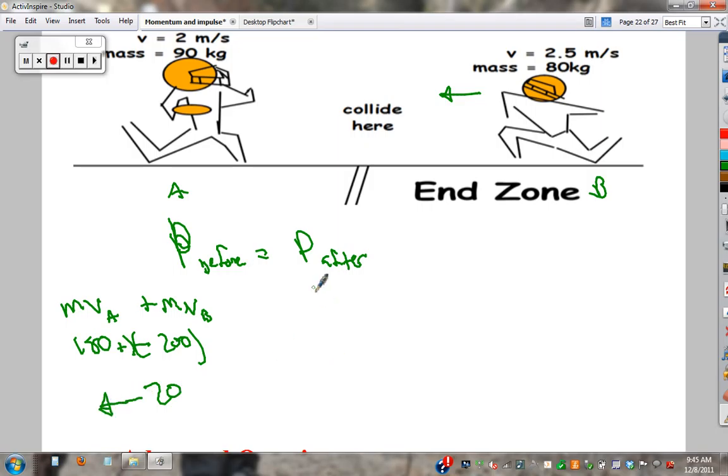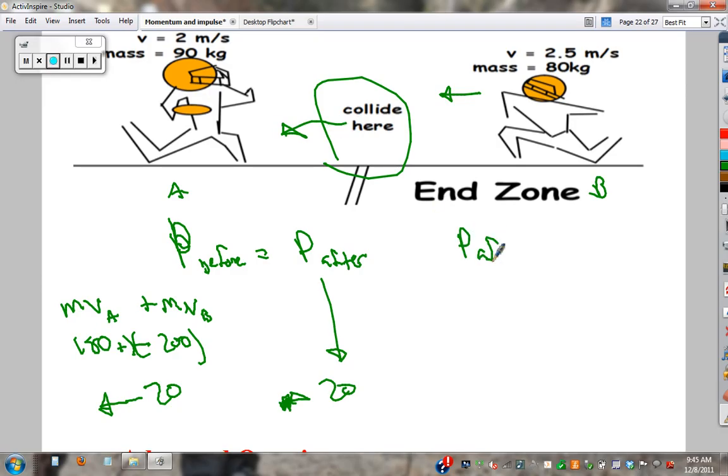So that means the momentum after is also 20 that way. So when these guys come together and hit, they're going to form a big mass and fall that way. So I know my momentum after equals 20, negative. What's my mass after? Well, if they stick together, it's going to be 80 plus 90, and that is 170.